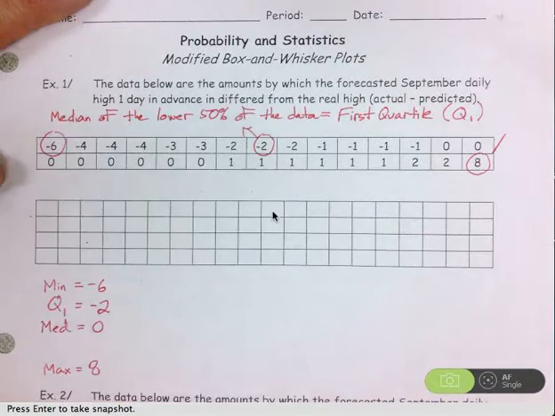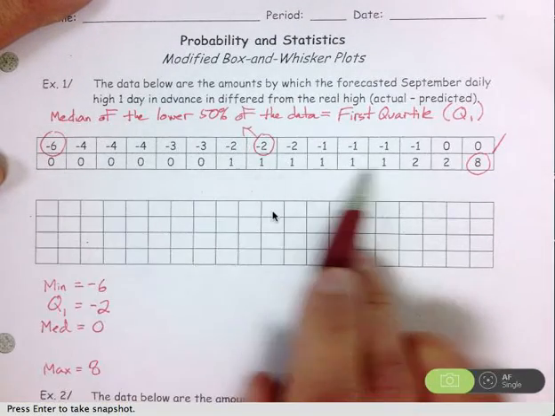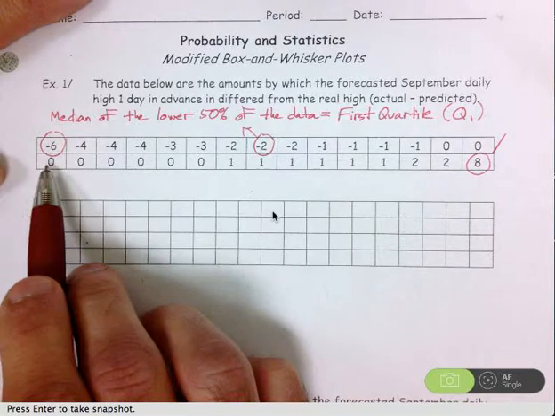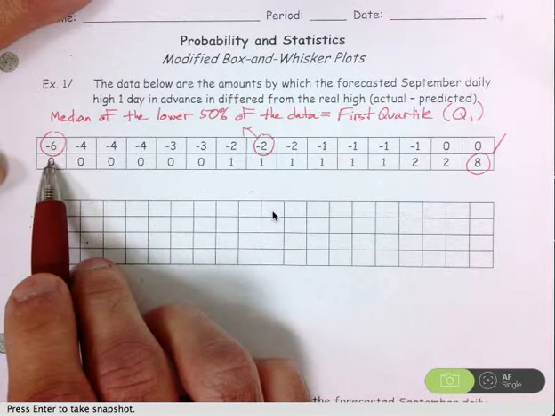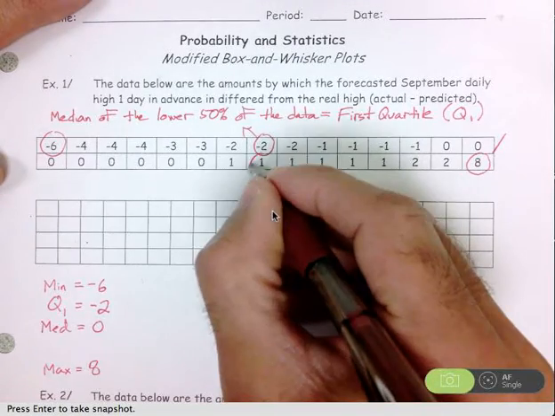We can also find the median of the upper 50% of the data. Again, here are the highest 15 values, so the middle one will be the 8th one: 1, 2, 3, 4, 5, 6, 7, and here is the 8th one.